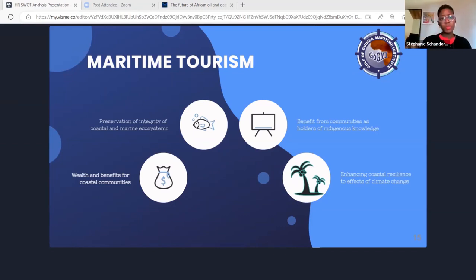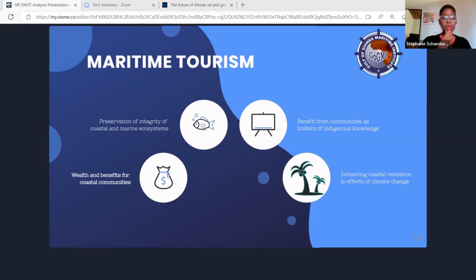Because local people get to benefit more or less because they are directly employed in maritime tourism sectors. But as Enoch mentioned, it's a means of preserving the integrity of coastal and marine ecosystems. So it's important not only for ensuring other thriving blue economy sectors like fisheries, because in that event you definitely have to try to effectively conserve and manage your resources.